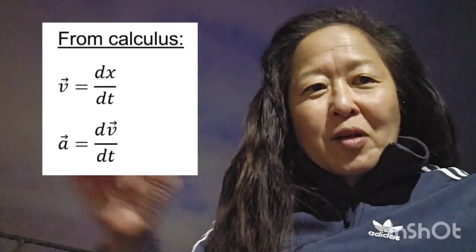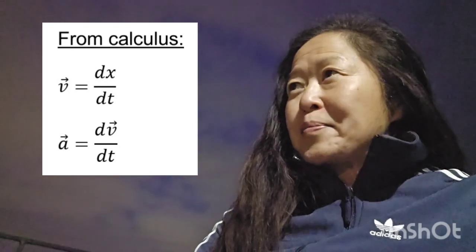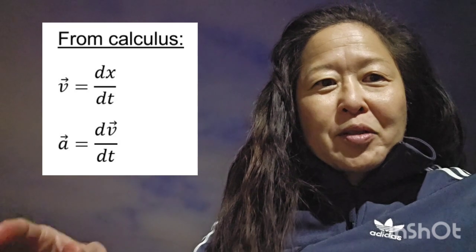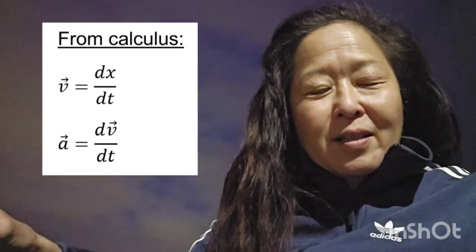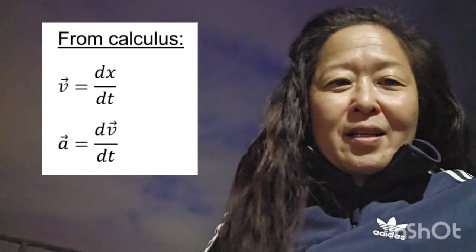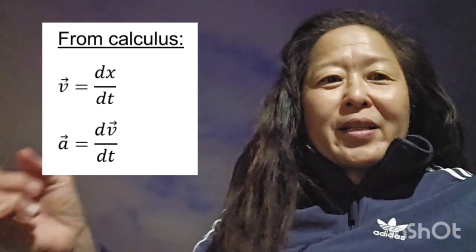I could summarize that in simply 2 definitions if we know calculus. So if you know the language of calculus, it's a lot easier. It's just v with the arrow equals dx by dt, and acceleration, a with the arrow equals dv by dt.